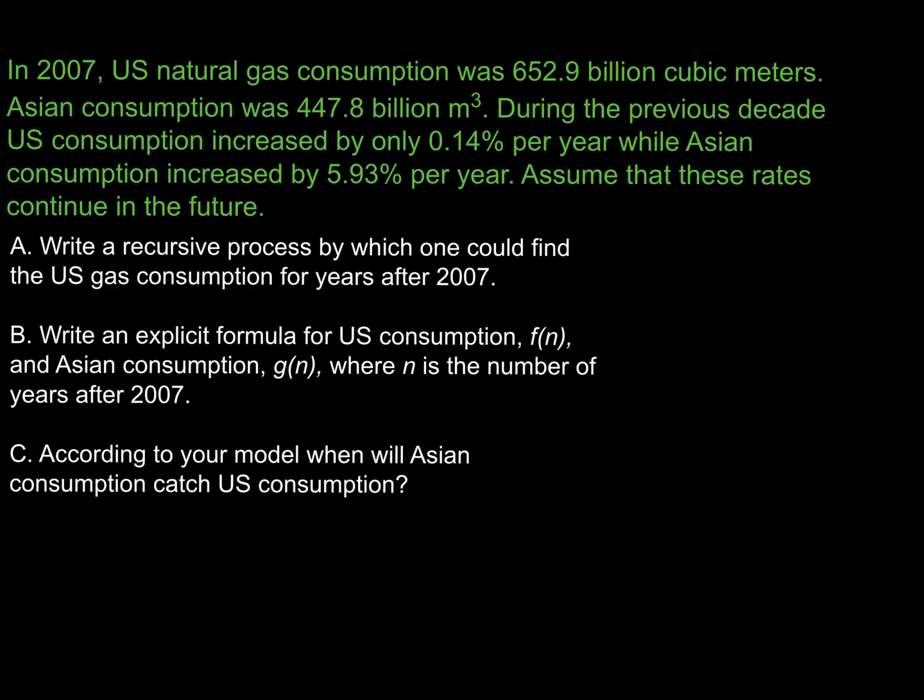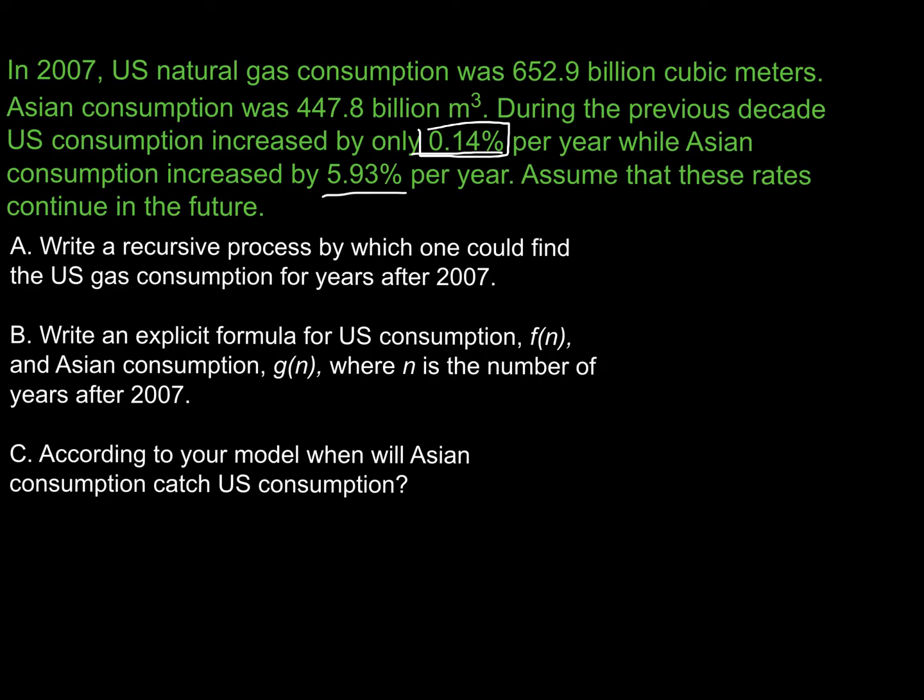So for the US, each year you are gaining 0.14%, and Asia is increasing by 5.93%. So the key thing to remember here, if you think back to exponential growth, is that I'm increasing by a percentage, and so at each point when I'm computing how much I've increased, I'm going to have to multiply by this common ratio.